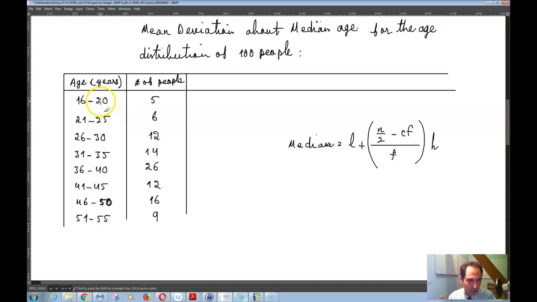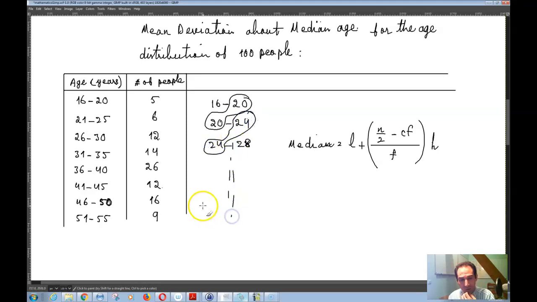Normally you would have 16 to 20, and then 20 to 24, and 24 to 28, and so on, meaning that you would see these numbers repeated.